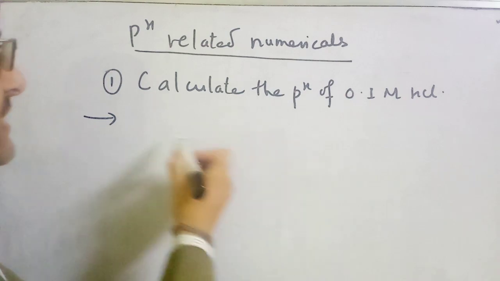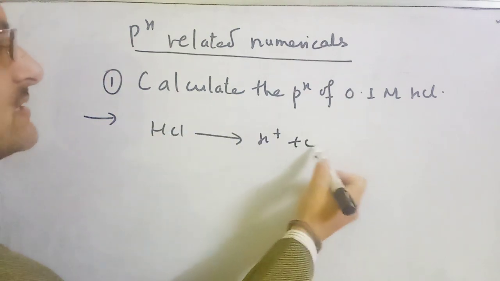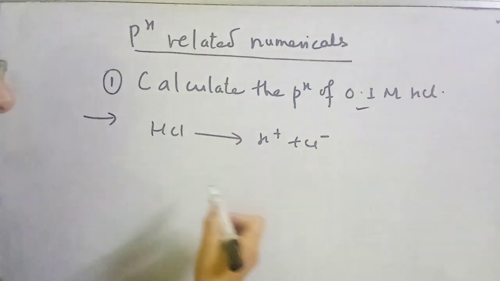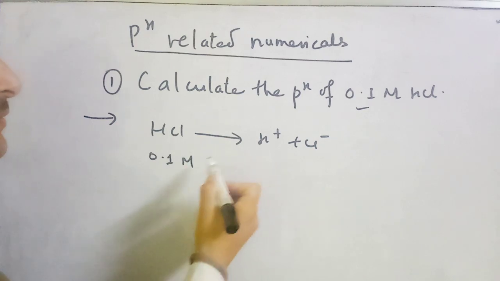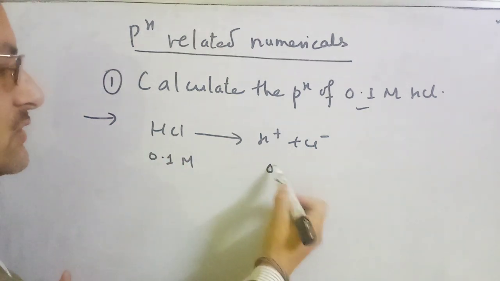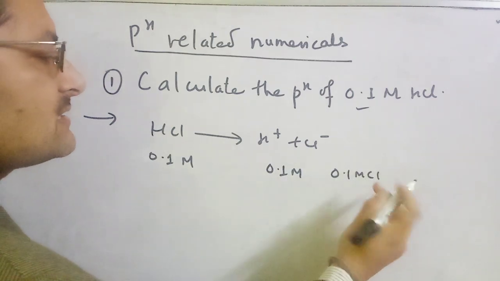So you know that HCl is an acid and HCl ionizes as H plus and Cl minus. So we have given HCl molarity 0.1 molar. So when it ionizes, it also gives 0.1 molar H plus and 0.1 molar Cl minus.